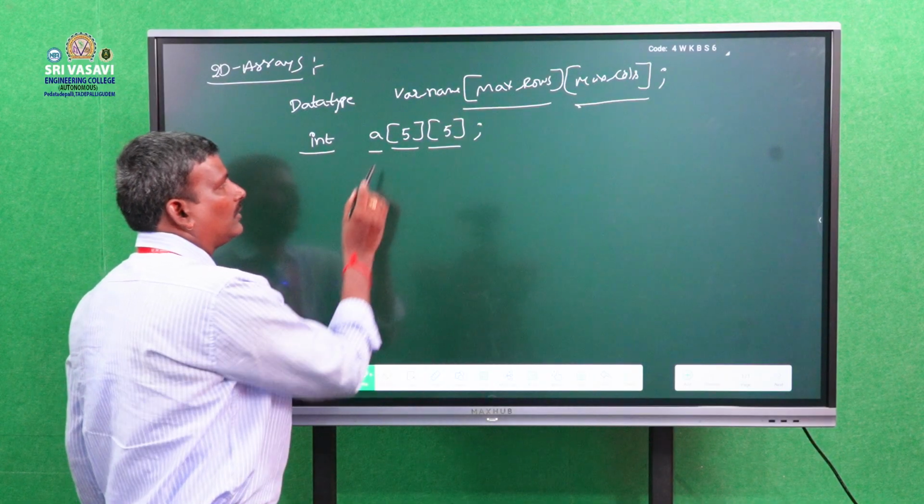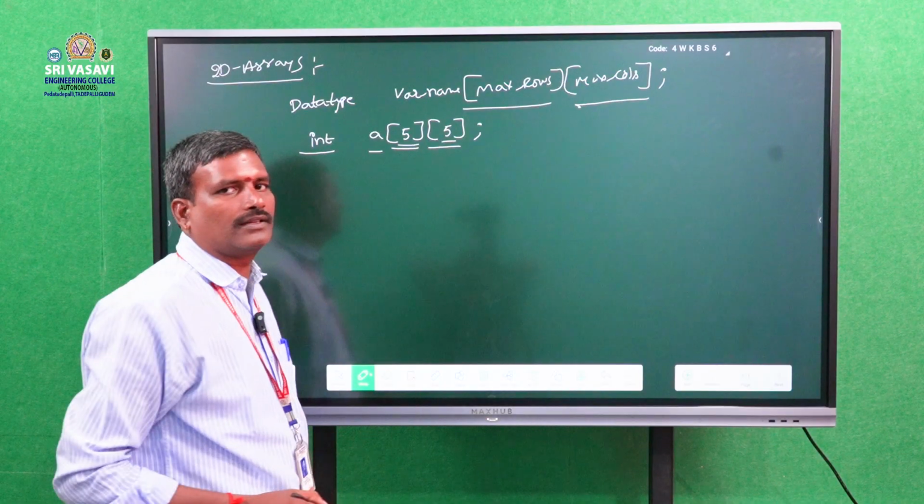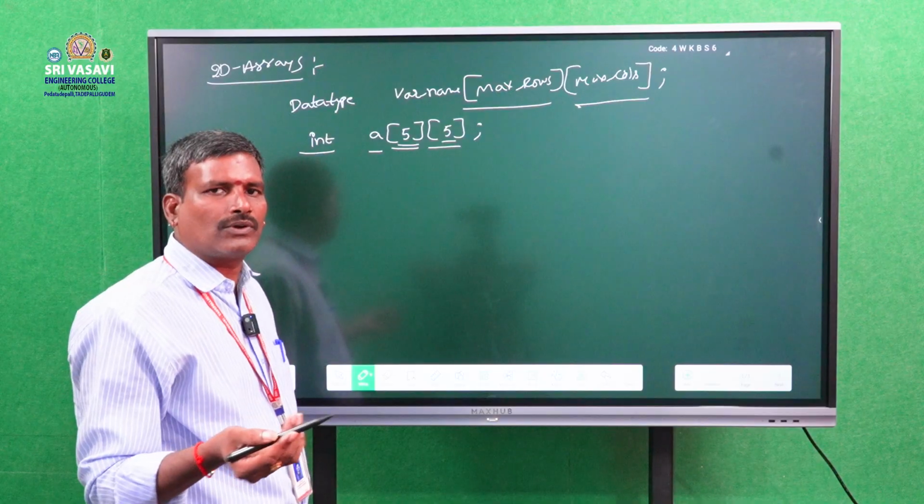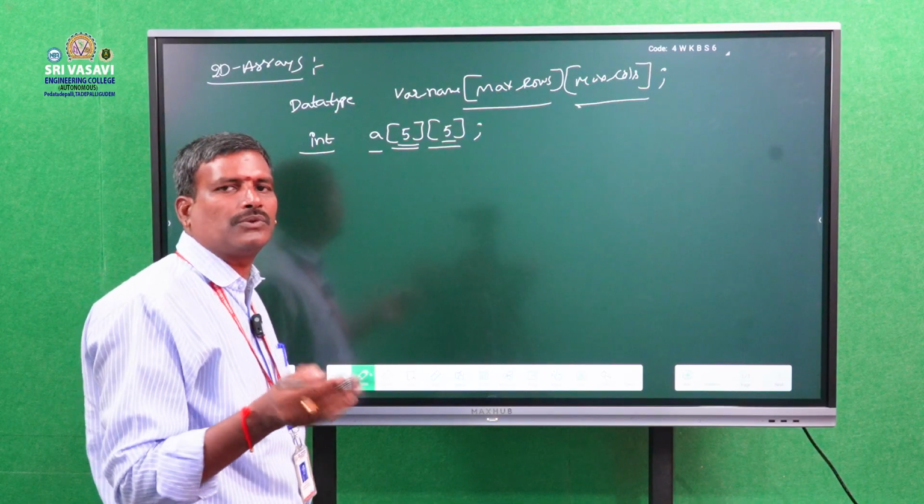This is the maximum size of the array. In that we can use 2 by 2, 3 by 3, 4 by 4 or any combination, 2 by 3 or 3 by 2, like that.